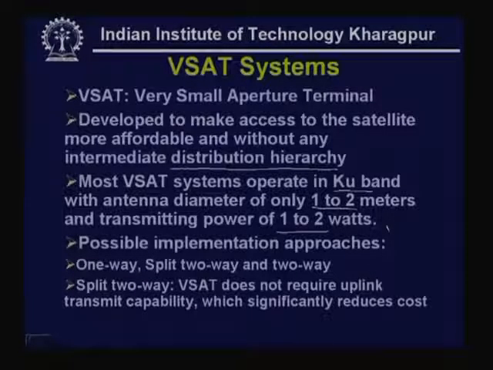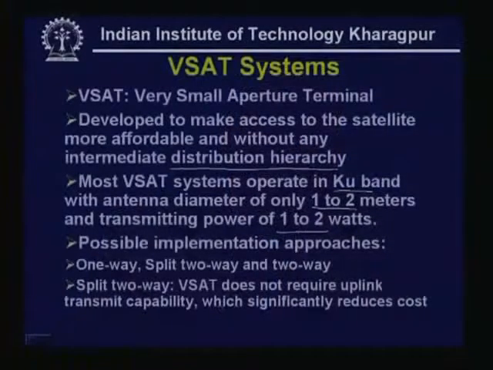In split two way, the satellite only sends data in the downward direction using broadcasting or some other technique. Then there is no uplink transmission from the ground station to the satellite, and that communication is done with the help of some other system.